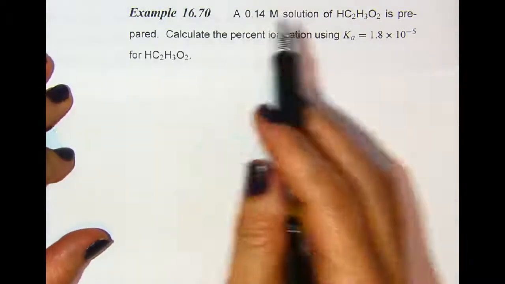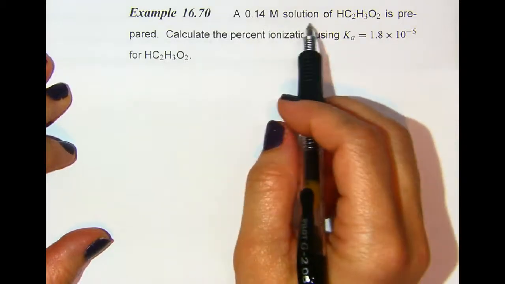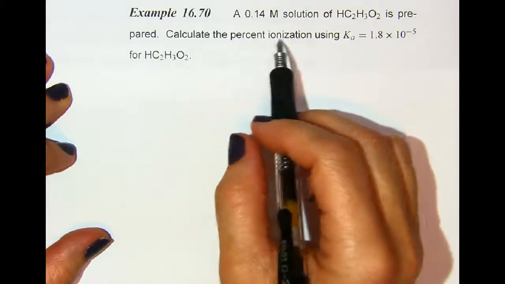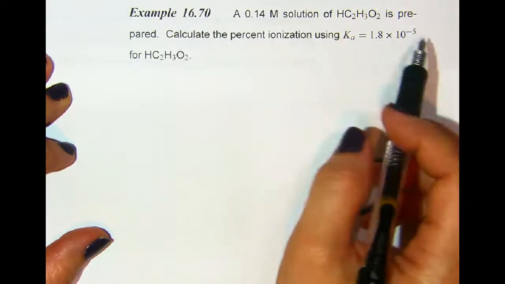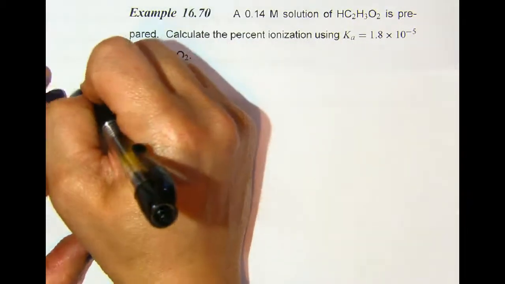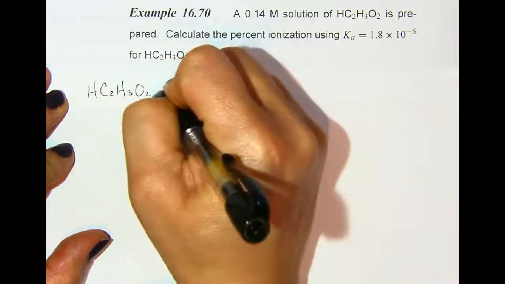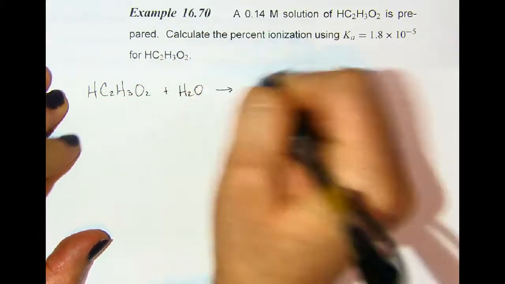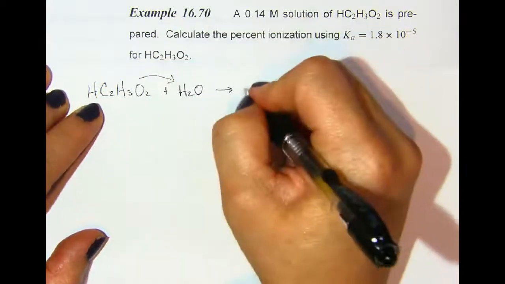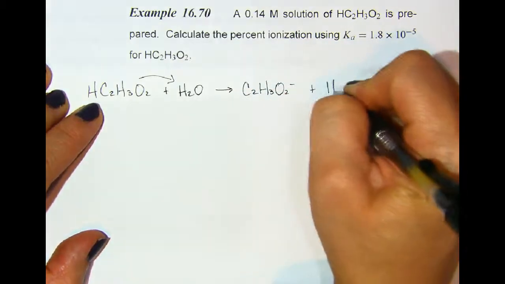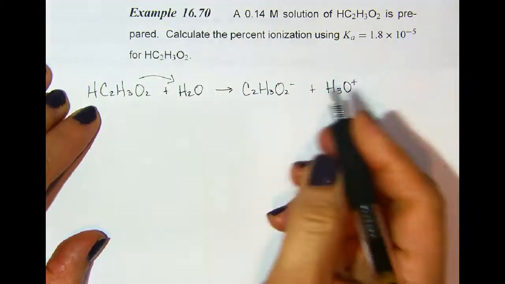Example 16.70, we have a 0.14 molar solution of acetic acid and calculate the percent ionization using this Ka value. So it's a weak acid, so we're going to have to do an ice table. Put it in water. Transfer your hydrogen from your acid to the water. We're left with the acetate ion and the hydronium ion.